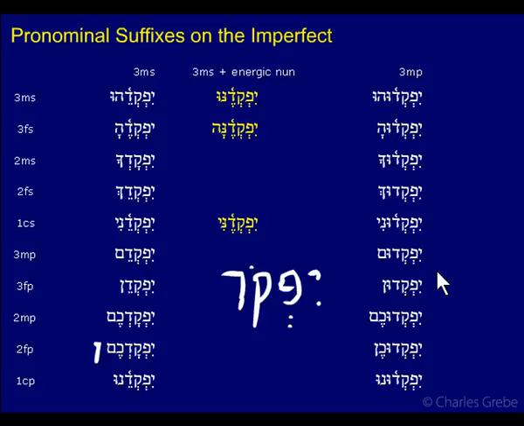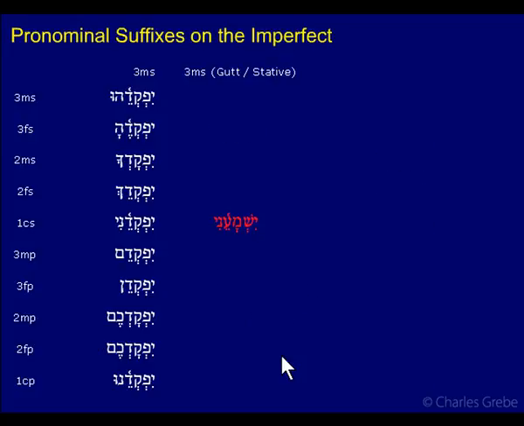Now, one last point. What happens with the statives or the gutturals? Remember, with the statives or gutturals, we have a patach here rather than a holam. Well, Ross gives us a single example just to point this out. What happens is, see, it would be this, right? Yishm.